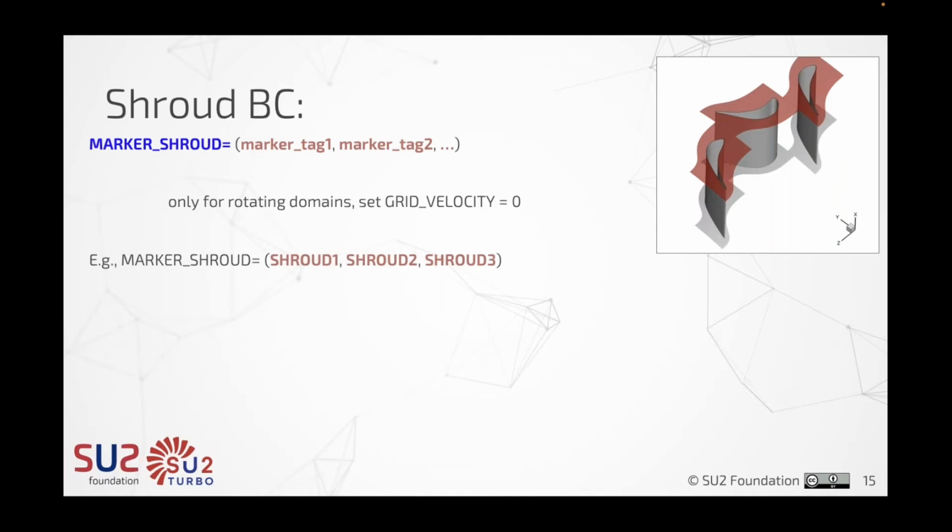As an example here, we could type it this way, just marker shroud followed by the name of the 3 surfaces, although just the second one belongs to a rotating component. So this grid velocity equal to zero would be applied just for the second one, because the other 2 are not rotating.